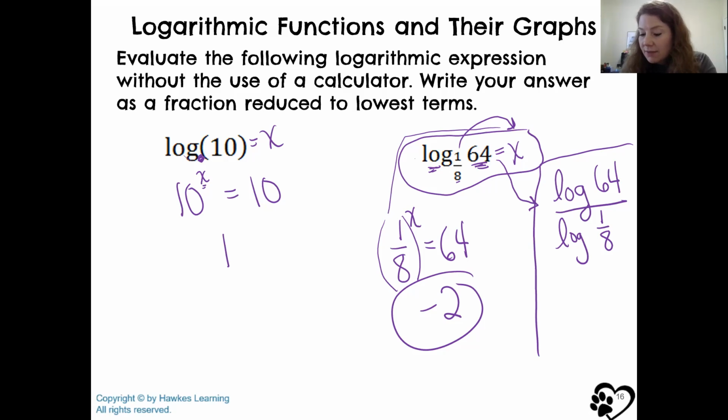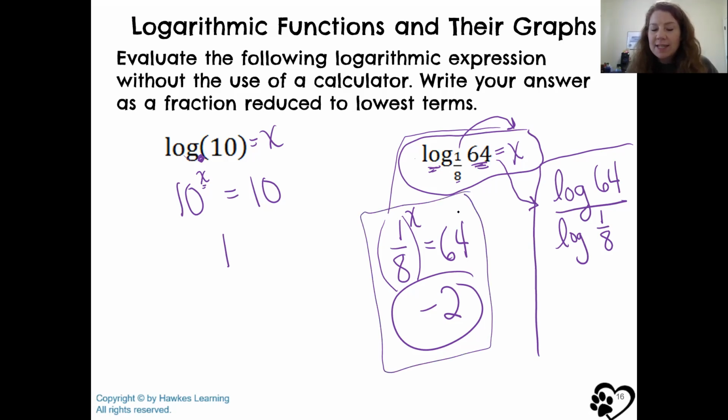The log of 64 over the log of 1/8. -2. Okay, for some reason, this calculator gave me the right answer, but the other one didn't. So picky, you guys. So either way you think of, if you can figure it out this way, fantastic. If not, this is the pattern of how you always would do those problems if your calculator can't change the base of your logs.